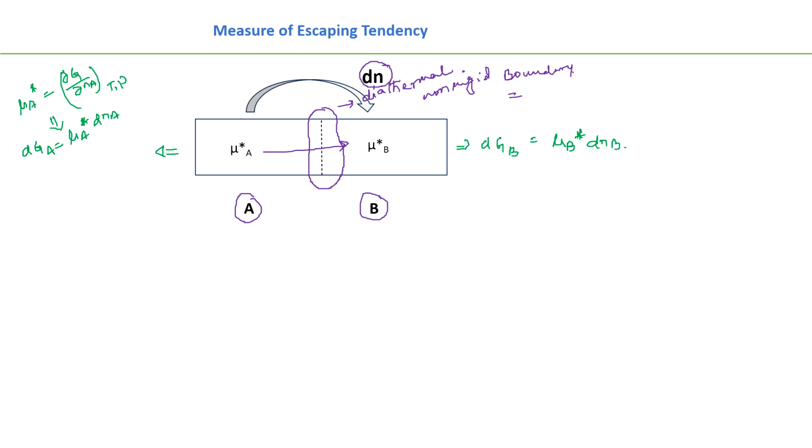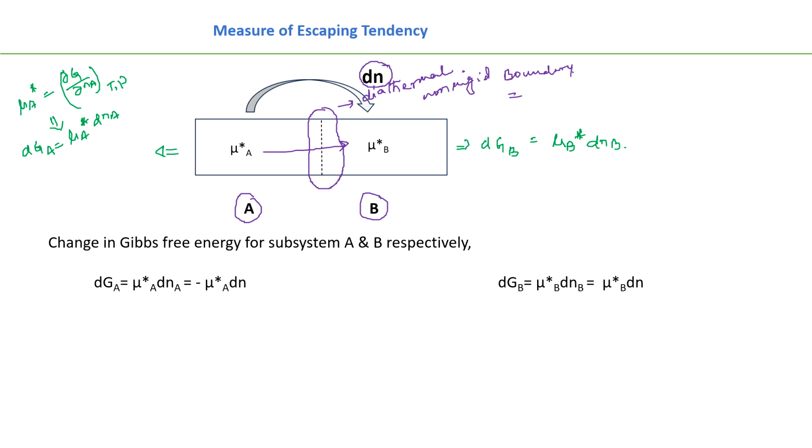Since dn moles are transferred from A to B, definitely dn amount is reduced in A, and the same number of moles is added to B. Therefore we can write dnA equal to minus dn and dnB equal to plus dn.